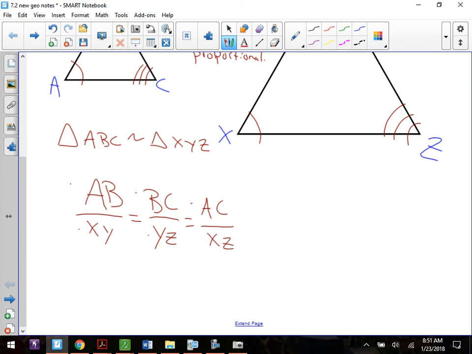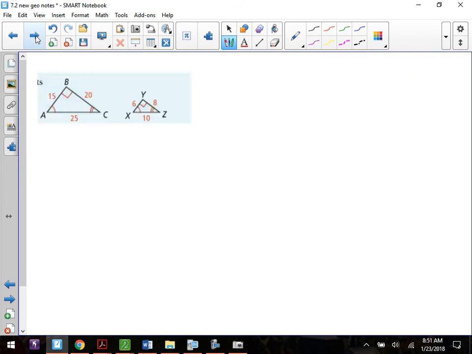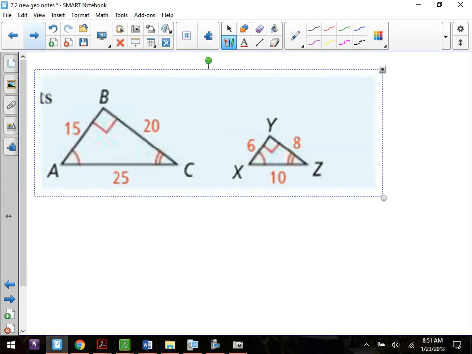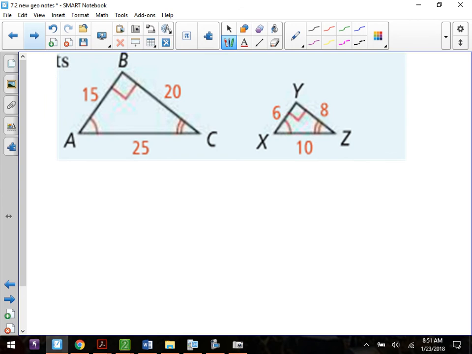So let's look at an example of how you would write one out. If I look at these two, I want to write out a similarity statement to see if in fact they are similar.